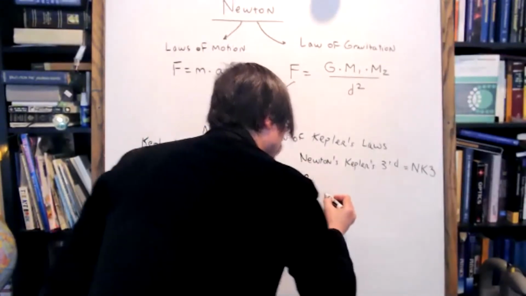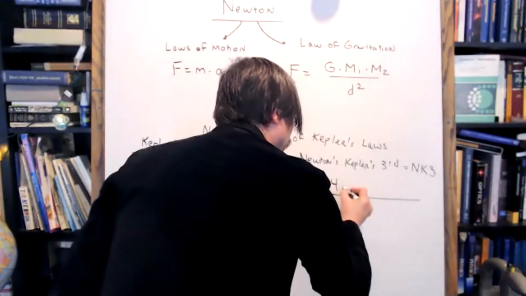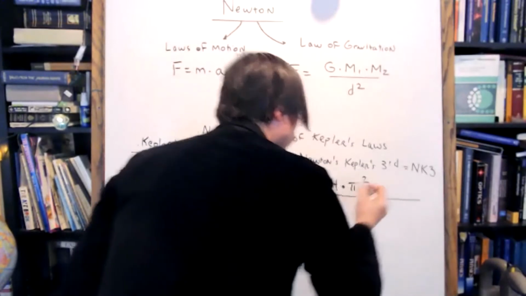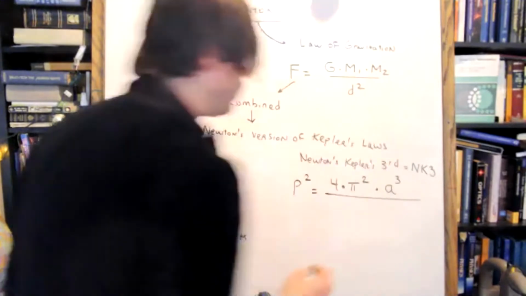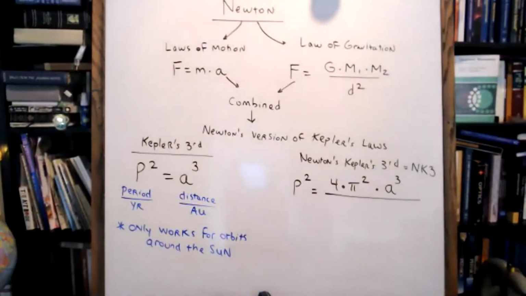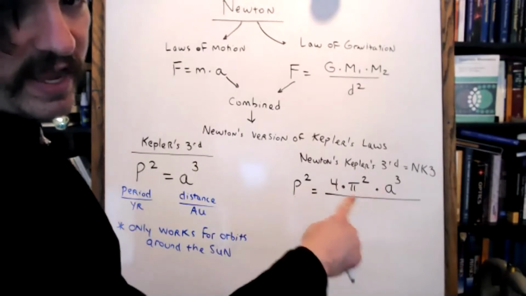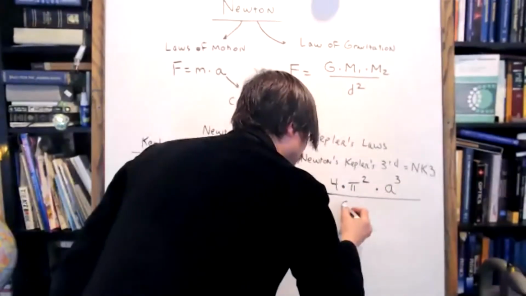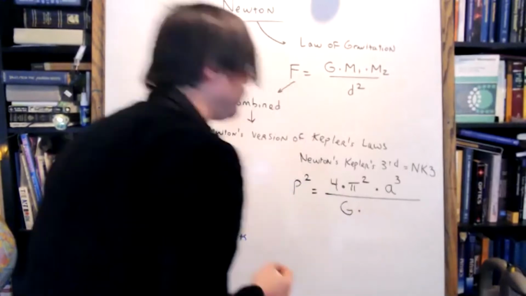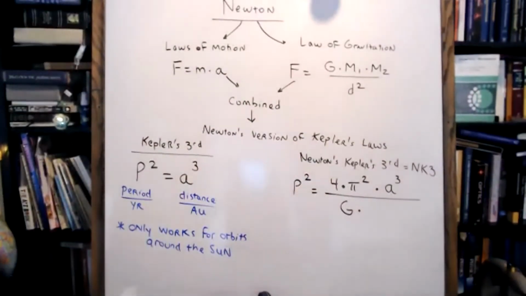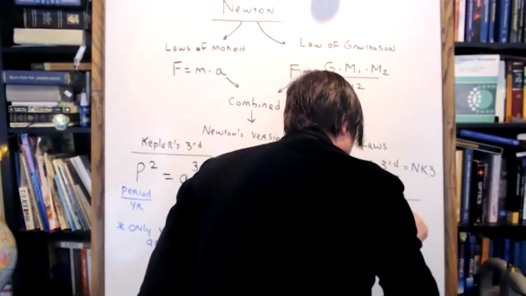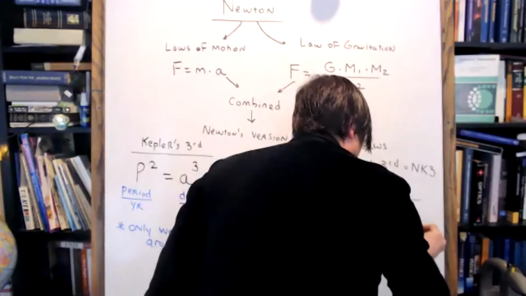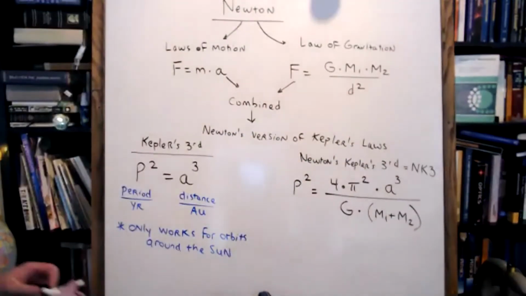P squared is equal to 4 times pi squared times A cubed, so we still have P squared and A cubed, divided by big G, the gravitational constant, times open parentheses, the sum of mass 1 plus mass 2.